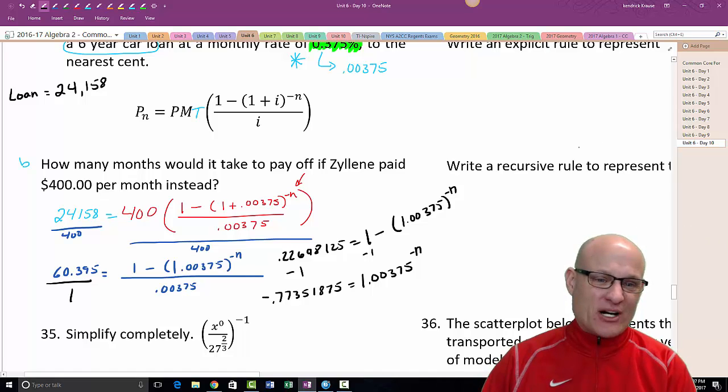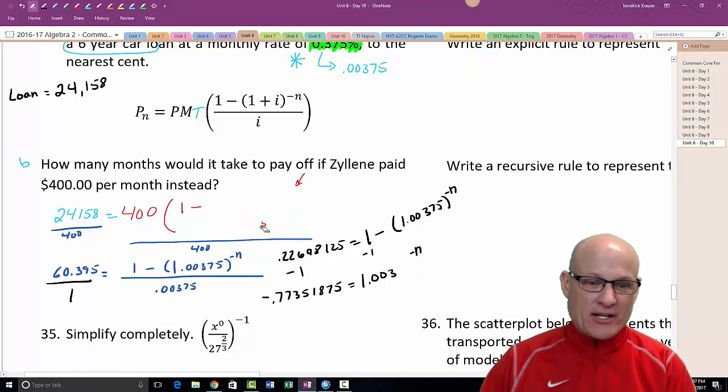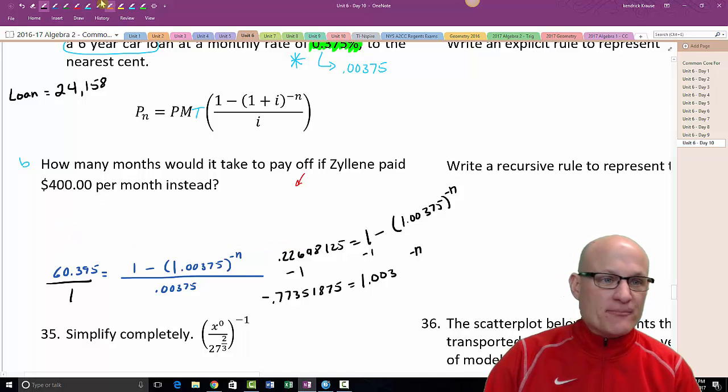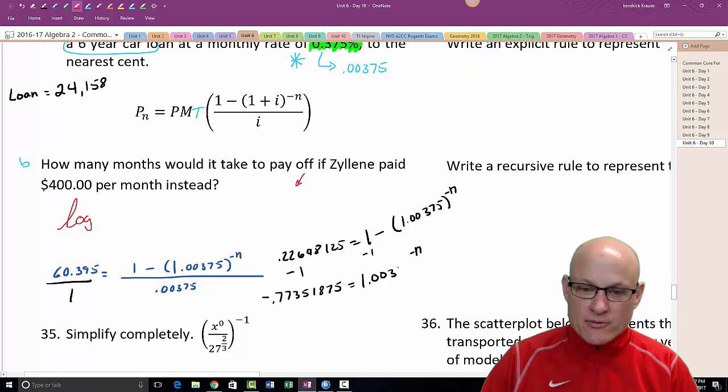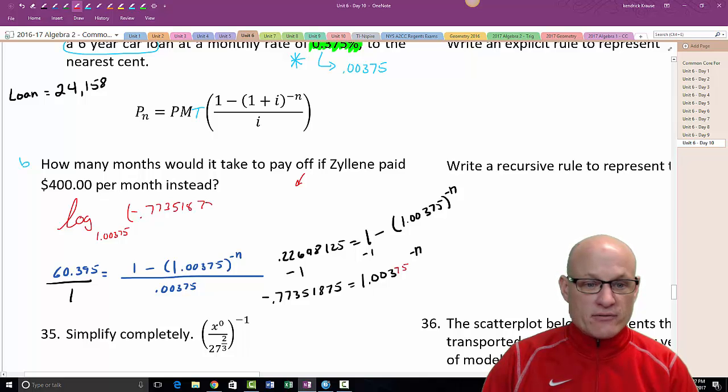I have an exponential function. In order to solve an exponential function, I have to use logarithms. So, let me change it. It's going to be log base 1.00375 of negative 0.77351875 is equal to, now be careful here, negative n, because your answer is going to turn out to be negative.